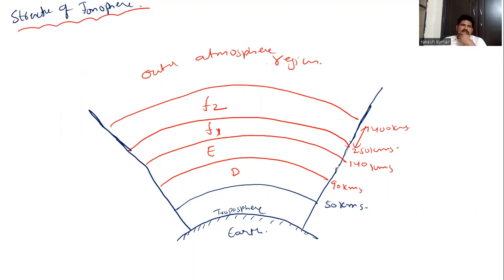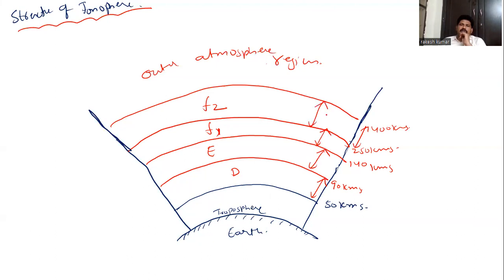So in total, how many layers are there in the ionosphere? The D layer extends from 50 to 90 kilometers. The E layer extends from 90 to 140 kilometers. The F1 layer extends from 140 to 250 kilometers.